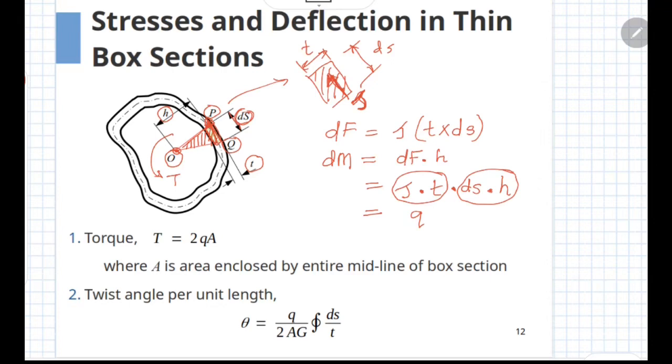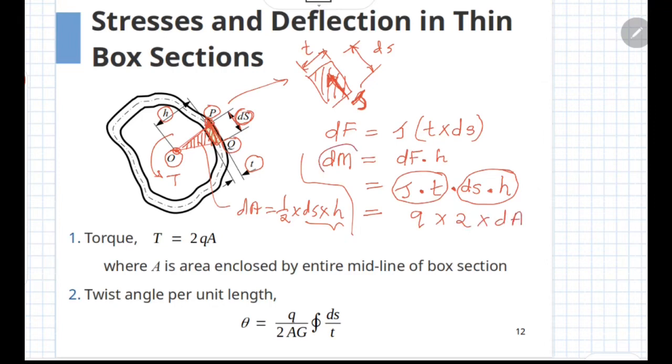So if the area of this triangle is dA, this area dA would be given as half into base into height of that triangle. So ds into h can be written as twice into dA.